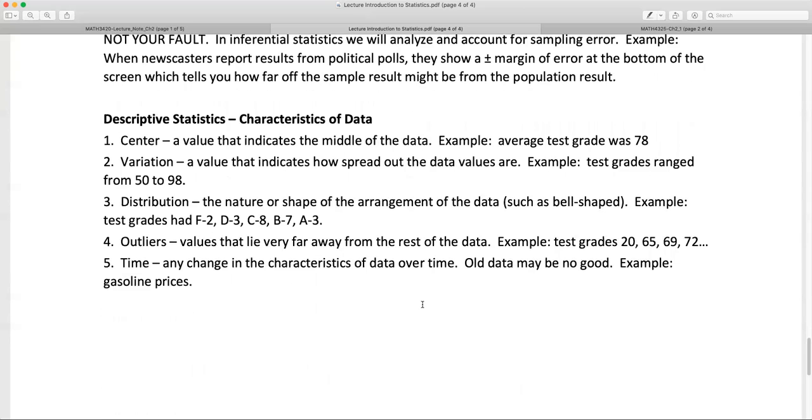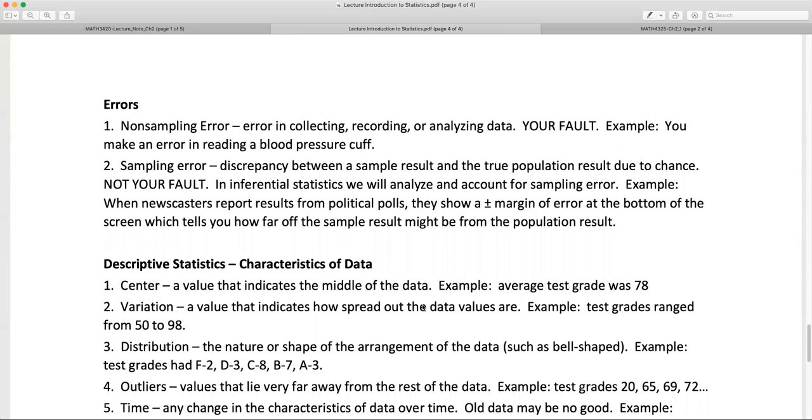All right, so now the errors. Non-sampling errors. What does error mean?